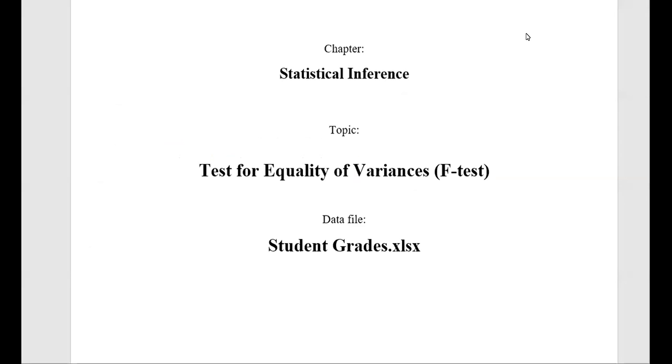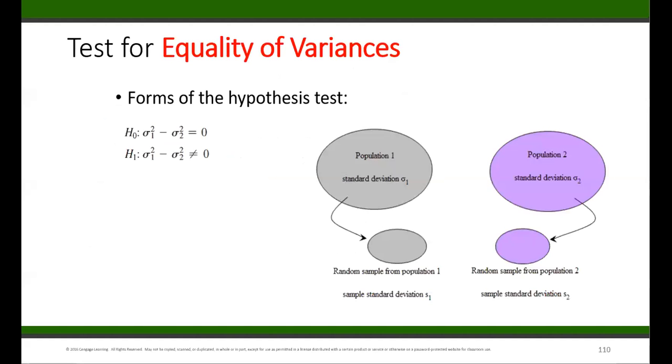In this video, we're going to talk about tests for equality of variances, and we're going to conduct this test on the data file student grades. Whenever we want to check the equality of variances, the process is exactly the same.